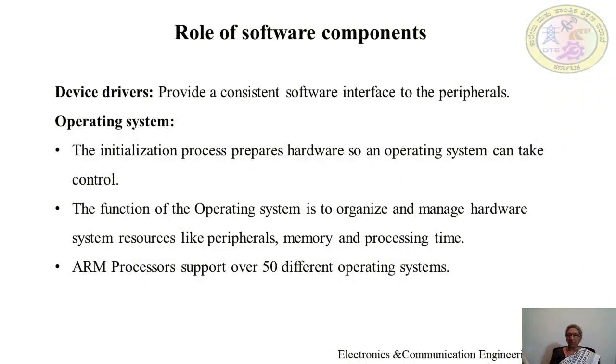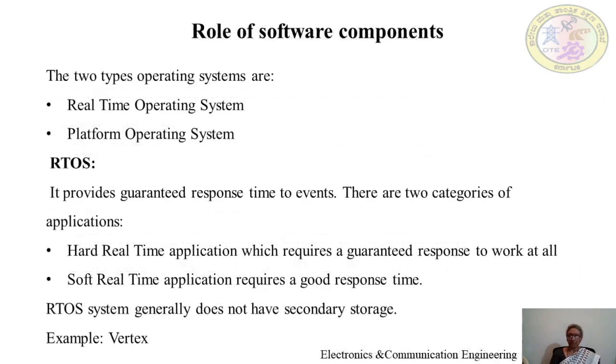The ARM processors support over 50 different operating systems. Generally, there are two classes of operating systems that are used in embedded systems: the real-time operating systems and the platform operating system.